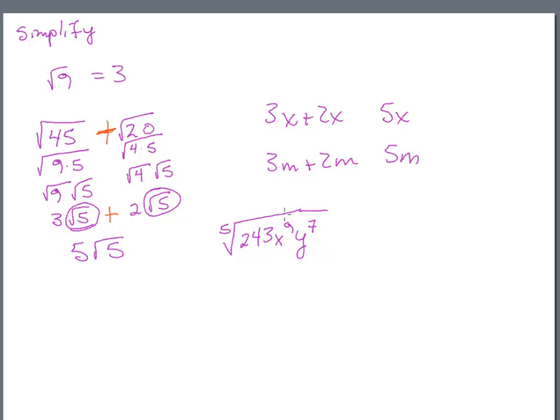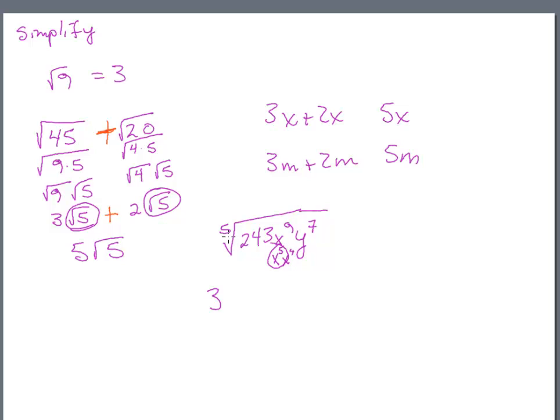Something like this. Now here, we're taking 5th roots, and if we're going to simplify this, we can only take out perfect 5th powers. Now is 243 a perfect 5th power? Better look on your chart, see if you can find it, or oh no, you've got to memorize now, never mind. So 243 is 3 to the 5th. So this guy can come out, 5th root of 3 to the 5th is 3. Now this guy could be written as x to the 5th, x to the 4th.